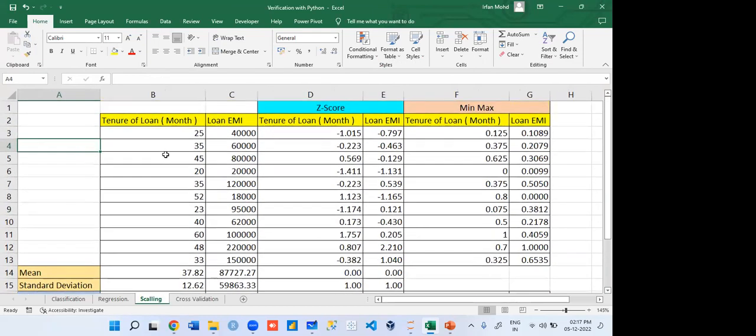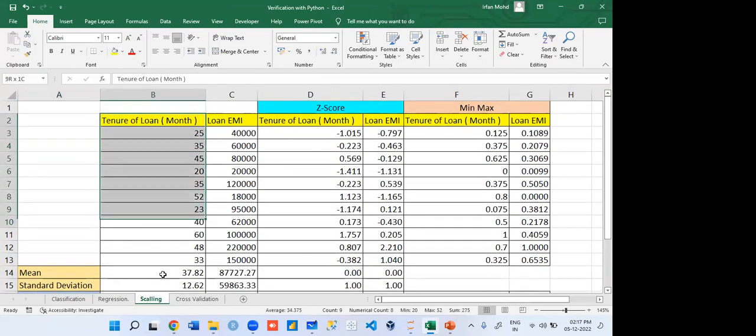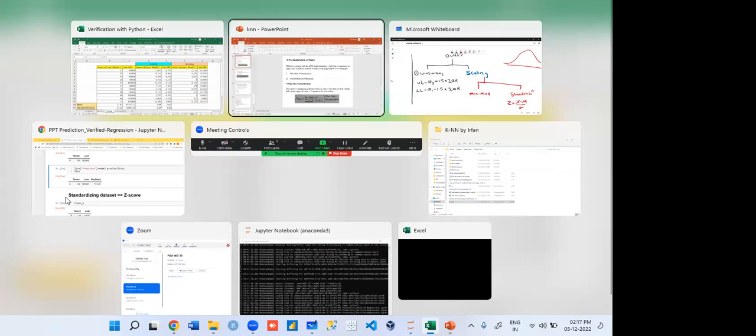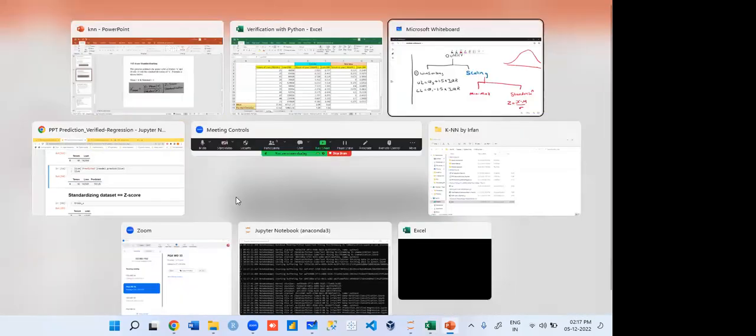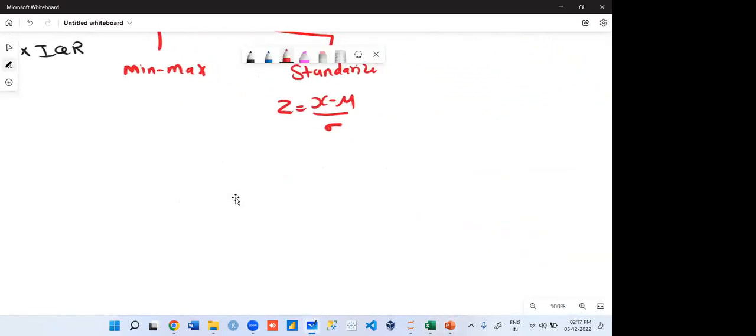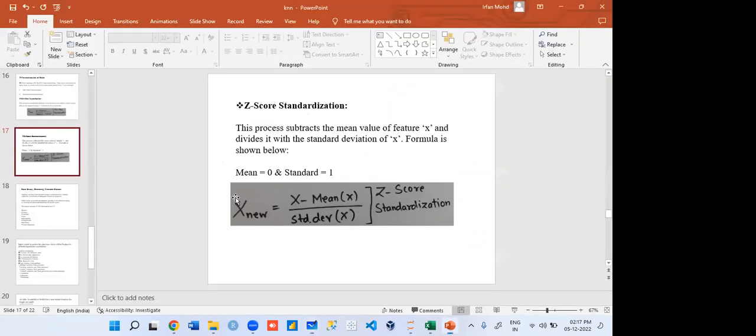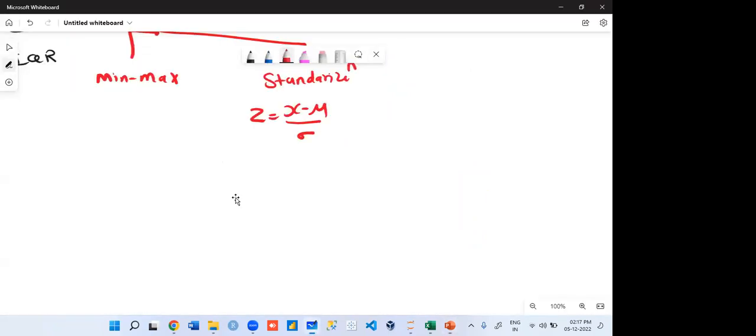Small data, you can also try by yourself. Your X variable, second X. See, guys, compare this data. Now I have to use the Z-score. What is the formula? X minus mean. What is the X value? In our case, the first value, 25.